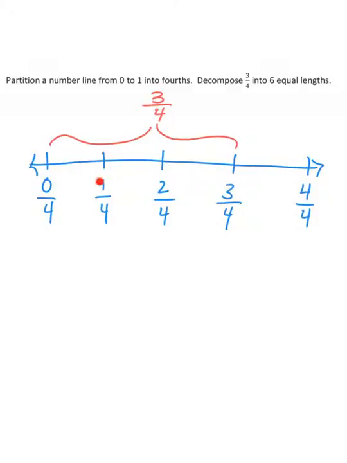We're not going all the way to a whole, because we're decomposing 3/4 into 6 equal lengths. So what we're going to do is separate into 6 equal lengths. We're going to cut this here.